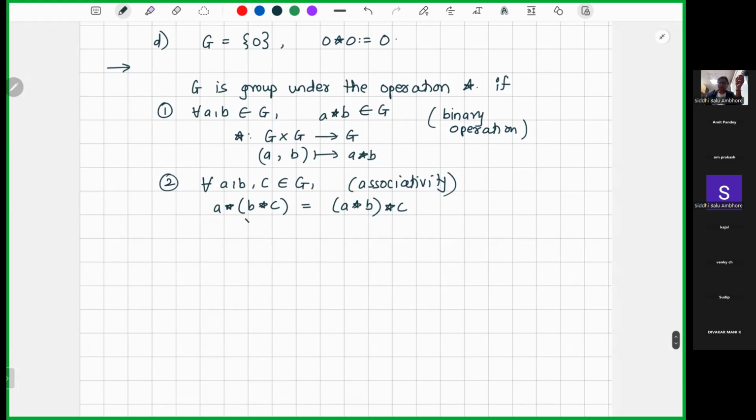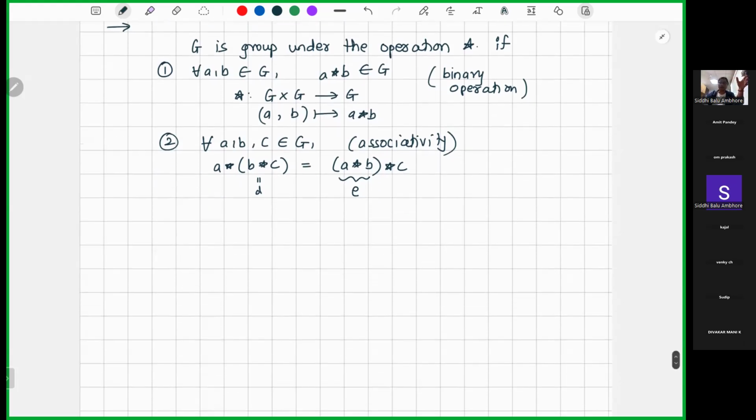First applying star to B and C, if the result is D, then applying A on D will be the same as first applying A star B, and if this is some E, then E star C must be equal to A star D. I hope this is clear.